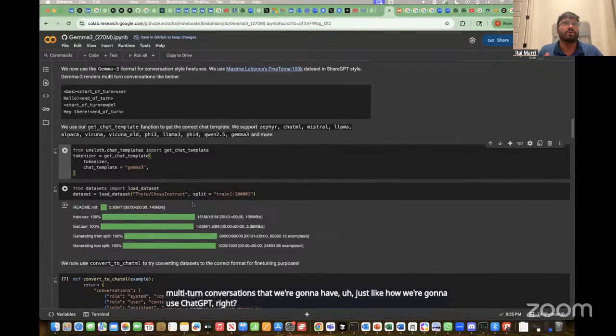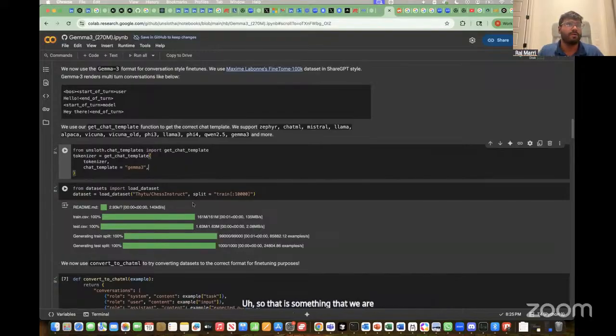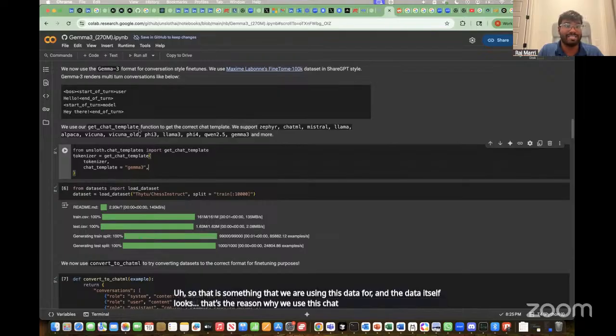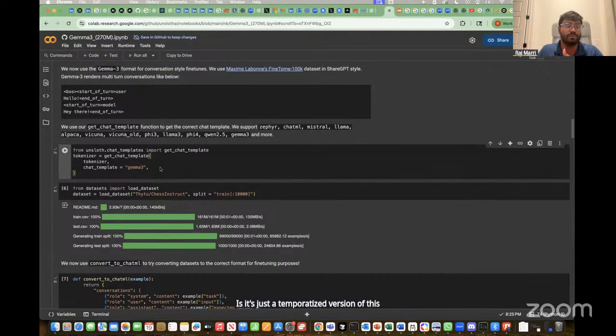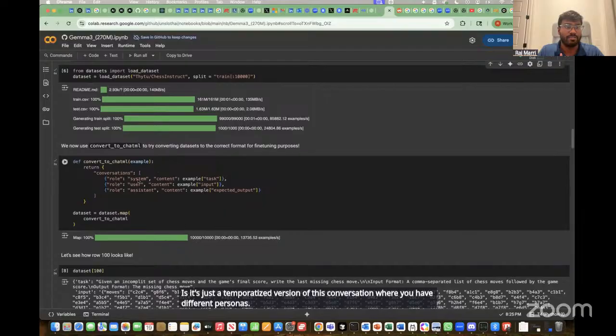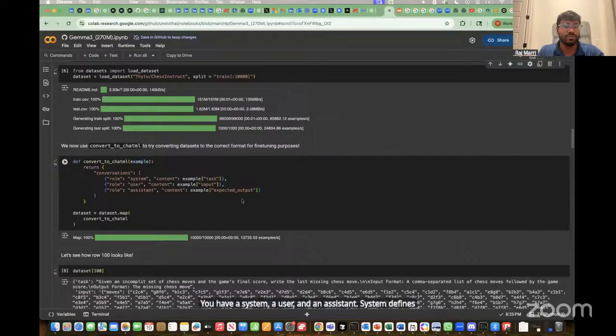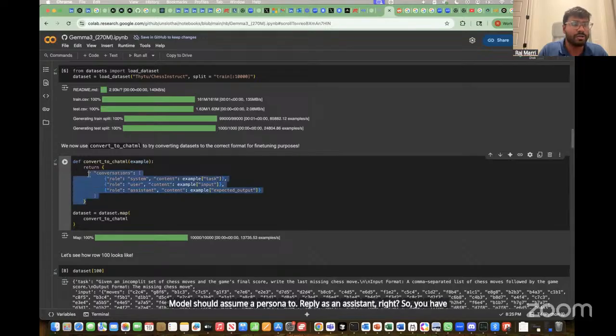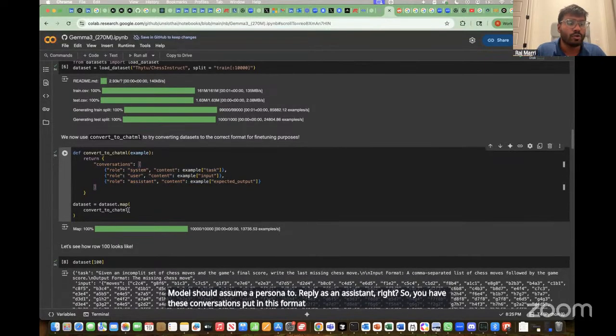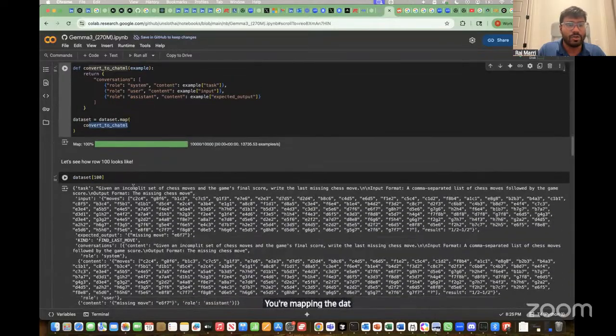That's the reason why we use this ChatML template or the chat template. It's a templatized version of this conversation where you have different personas: a system, a user, and an assistant. The system defines the task, the user is the input, and the assistant is the expected output, because that is the persona your model should assume to reply. So you have these conversations put in this format, you map the data set into this ChatML, and then you feed it in here.